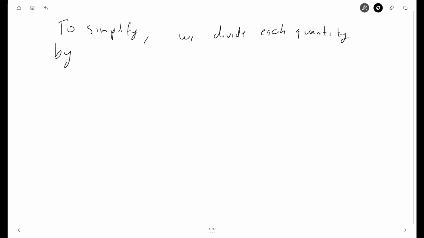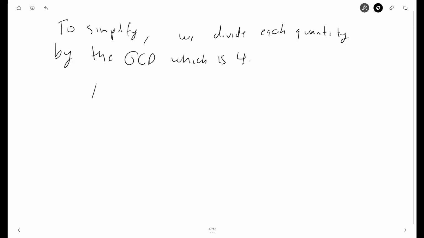In other words, what we can do to simplify is divide each quantity by the GCD, which is 4.